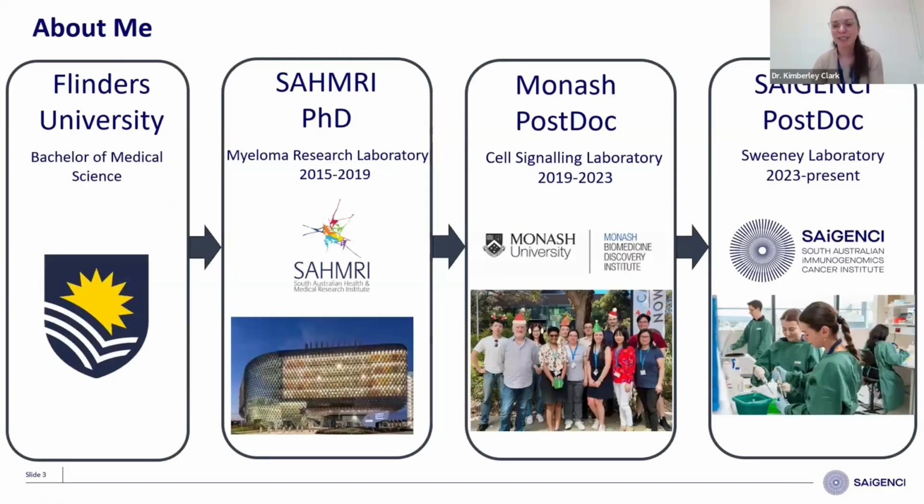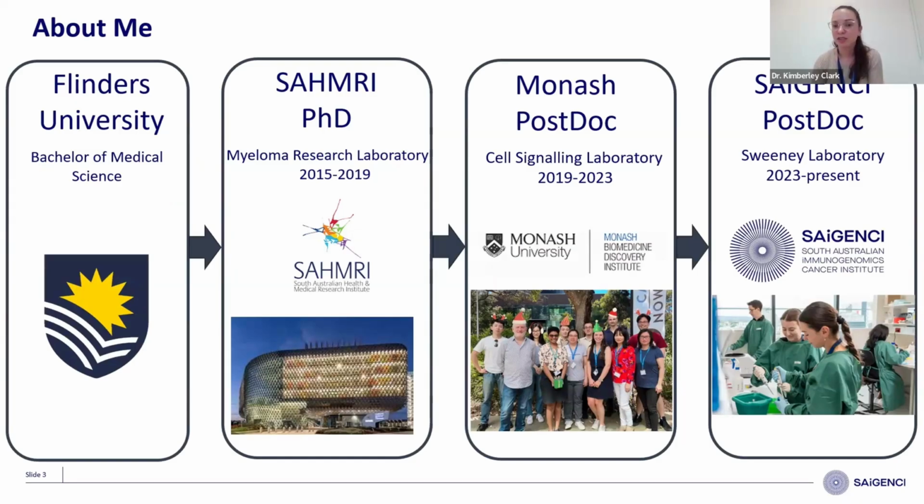Danielle did a fantastic introduction for me, but I just wanted to quickly touch on my research journey so that it provides some context of where I am in the research landscape. I'm based in South Australia, and I did my undergrad at Flinders University before completing a PhD at the newly opened SAMRI, the only institute in South Australia at that time.